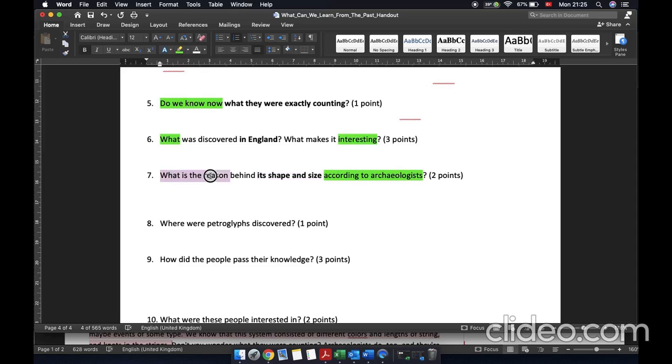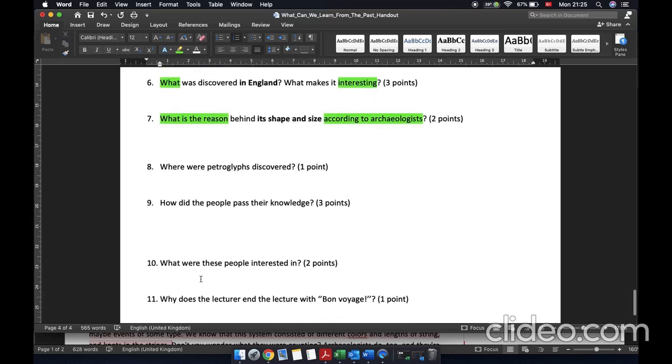You need to note down that. And where were petroglyphs discovered? This time we know that the discovery is petroglyphs, and you need to note down the location. Okay, let me just put this in bold.